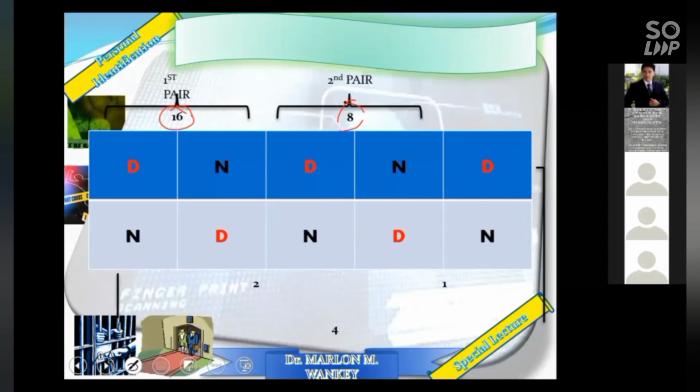The second pair is the right middle finger and right ring finger, and the value is 8.